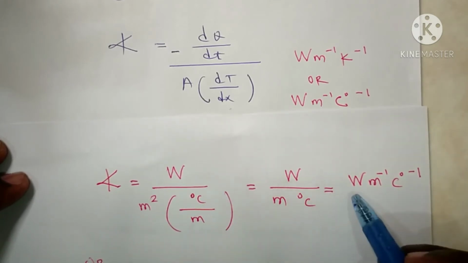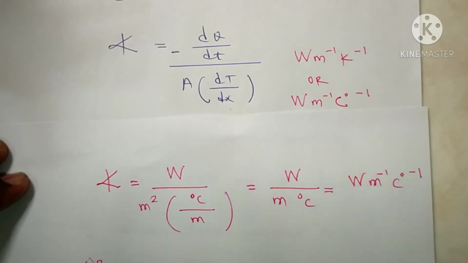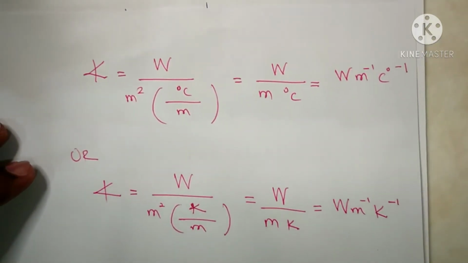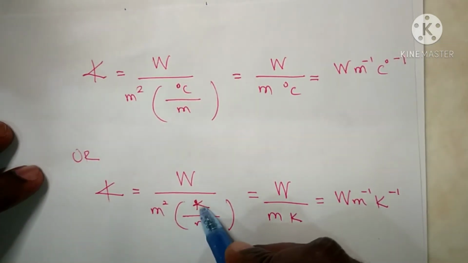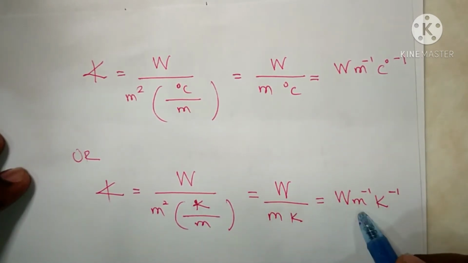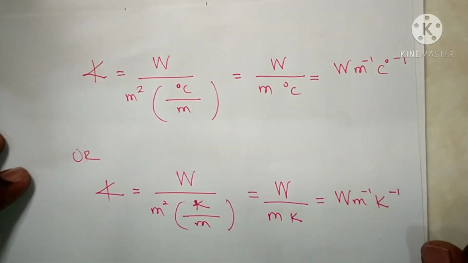So finally you will get watt per meter per degree Celsius. Or you can put the temperature in Kelvin, so you will get watt per meter per Kelvin. Simple like a bubble without giving you any trouble.